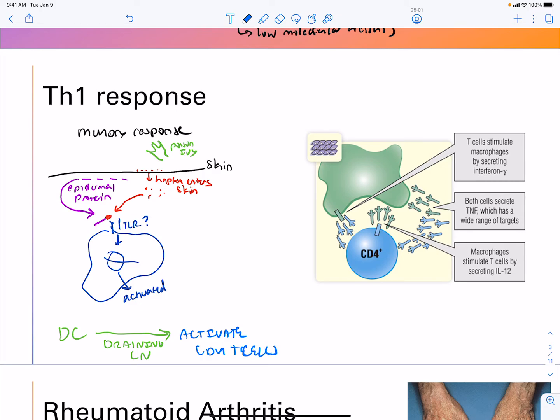And then your CD4 T cells will migrate back to the tissue and will help the macrophage through cytokines, and then you'll get a delayed type reaction on your skin. So your macrophage plus your CD4 will stimulate each other, and TNF causes much of the damage in this type of reaction.